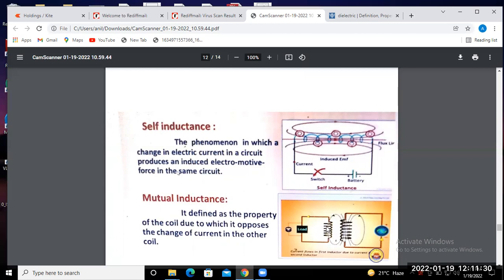So this is the representation of self-inductance and mutual inductance. A coil is supplied through a battery and one switch is shown here.